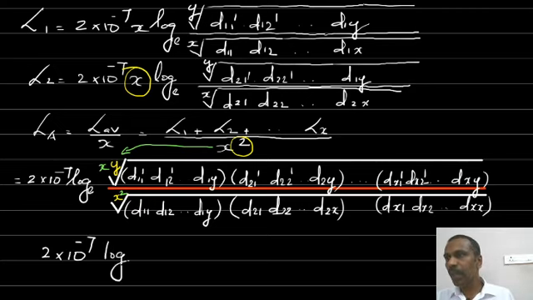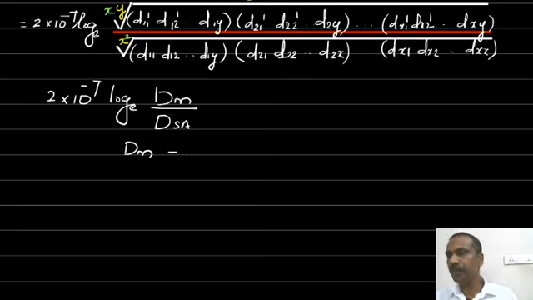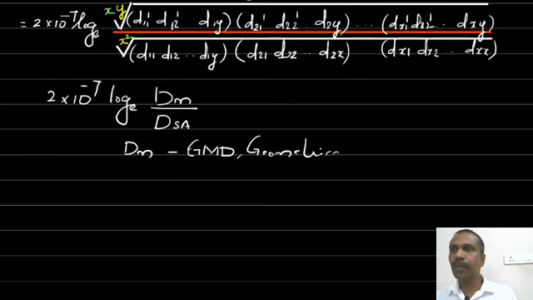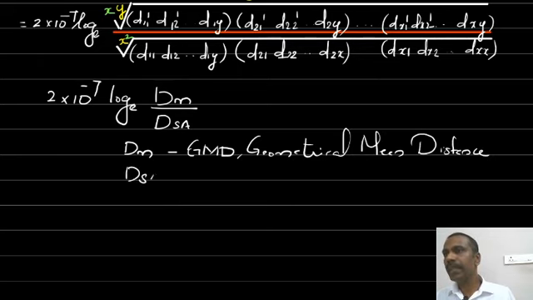Dm is the mutual distance and DsA is the self distance of the conductor A. Dm is called GMD, geometrical mean distance, and Ds is called GMR, the geometrical mean radius.